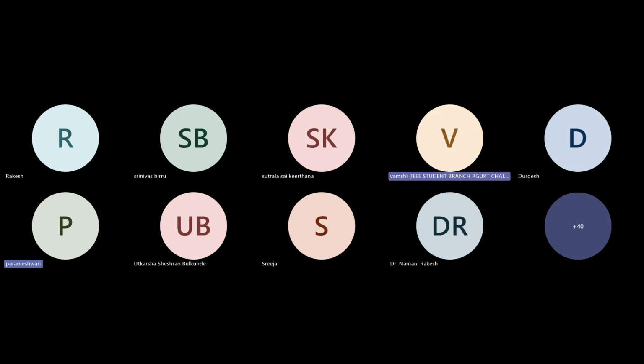Ma'am, your screen is not visible. Yes, I've stopped sharing. Just wait. So yesterday what we did is, for finding its position, the y-axis position was HW by 2, right?